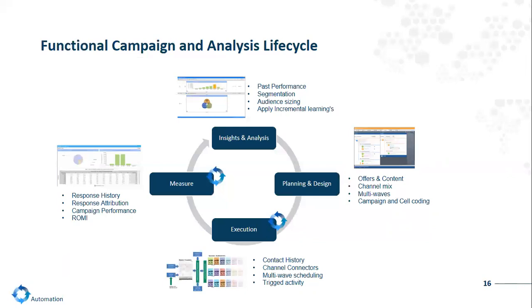So designing your campaigns, looking at channel mix, how many contact waves, that kind of thing. Through to execution. So how do you record what's been sent, looking at the responses and automation. And then finally measuring as well. So making sure that you've got that kind of closed loop where you can go through an iterative cycle of improvement with your campaigns.